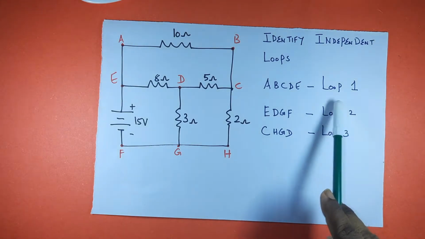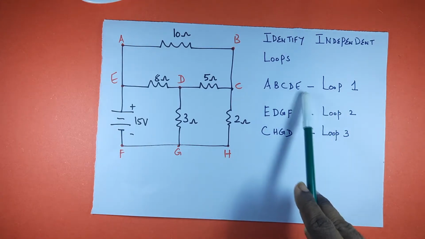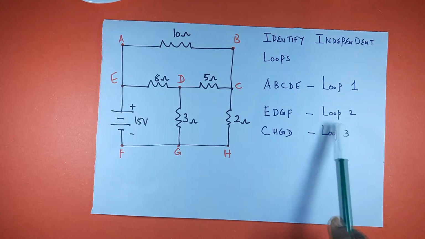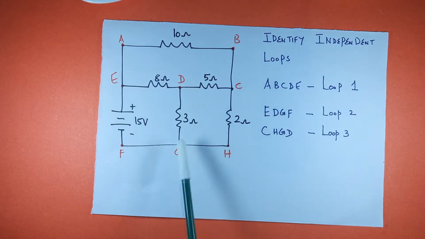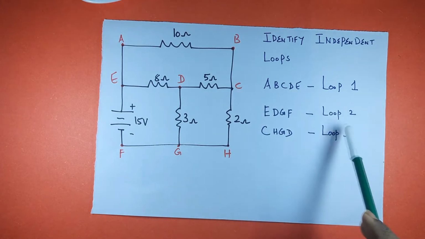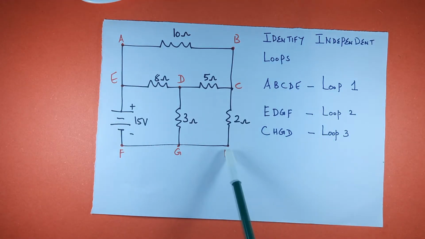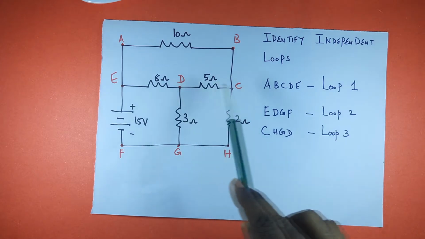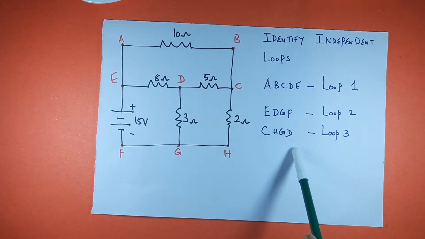So I have loop 1, A, B, C, D, E, of course back to A. Loop 2, E, D, G, F, E. Loop 3 is C, H, G, D, C. So this is going to be the third loop. Next step, you have to name the loops.